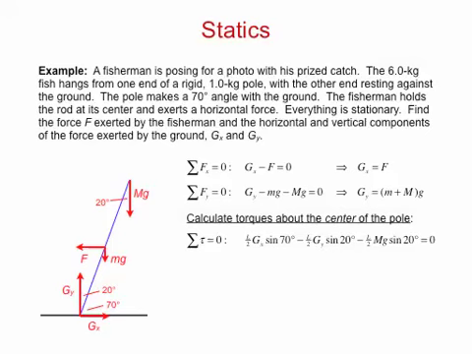Solving for G sub x gives G sub x equals the quantity G sub y plus big M g, that quantity times sine of 20 degrees, divided by sine of 70 degrees. But G sub y, we already know, is equal to the quantity big M plus little m times g, which we can substitute in to obtain G sub x equals the quantity 2 big M plus little m, that quantity times g sine 20 degrees, all over sine of 70 degrees.